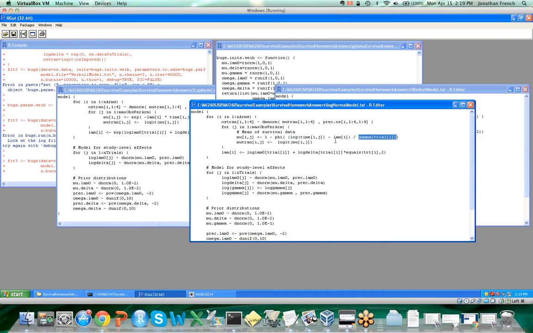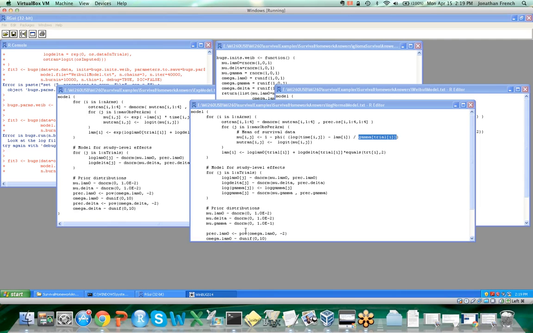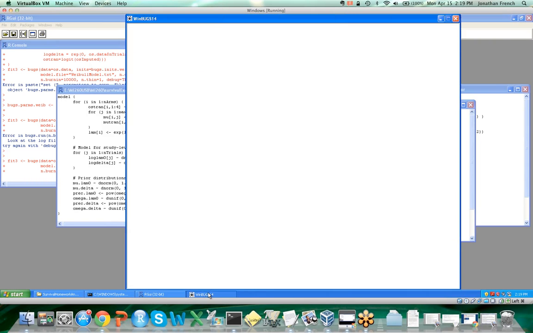So lambda here is the mean log survival time for the ith treatment arm, and gamma is the standard deviation of the survival times in the ith study. So we'll come back and run that model as soon as our Weibull model is finished.